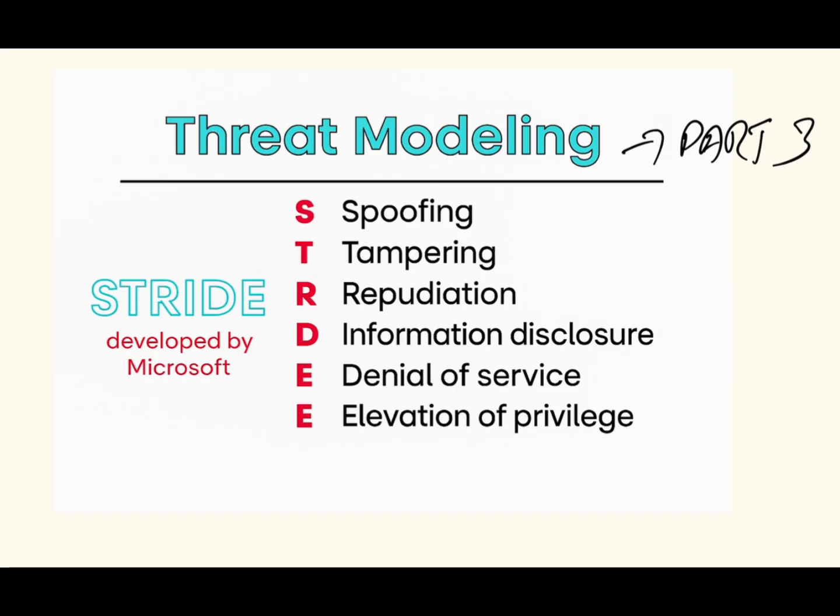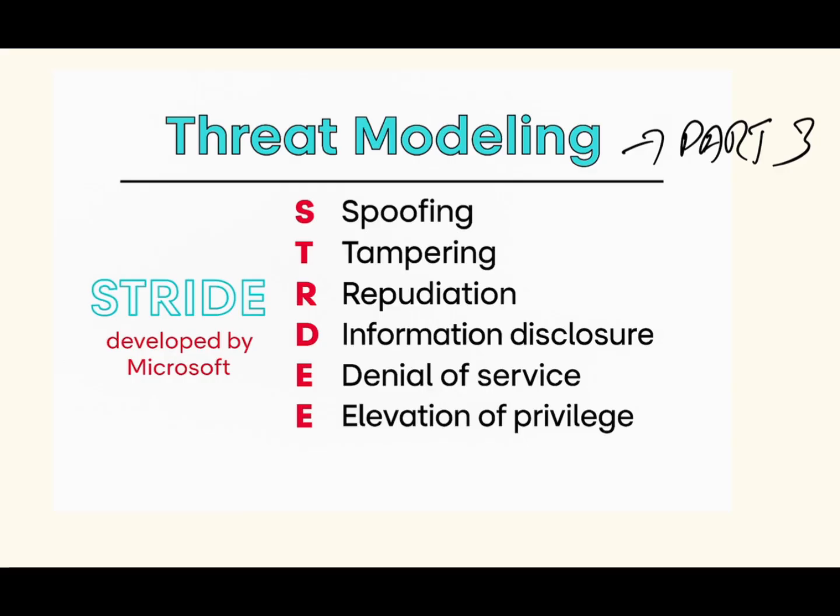We want to understand how we can apply it to a specific system or scenario and identify the technical implementation of each threat category. In this particular session, we will mainly focus on tampering.